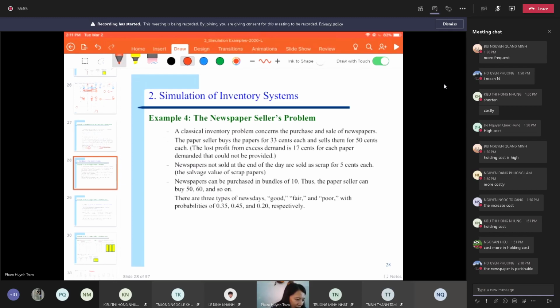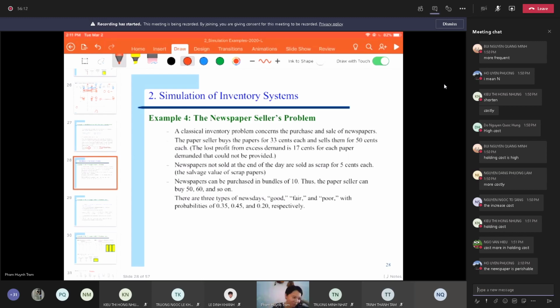Now, we will consider another random factor here. That is the demand will vary with different days, depending on the quality of the news on that day.